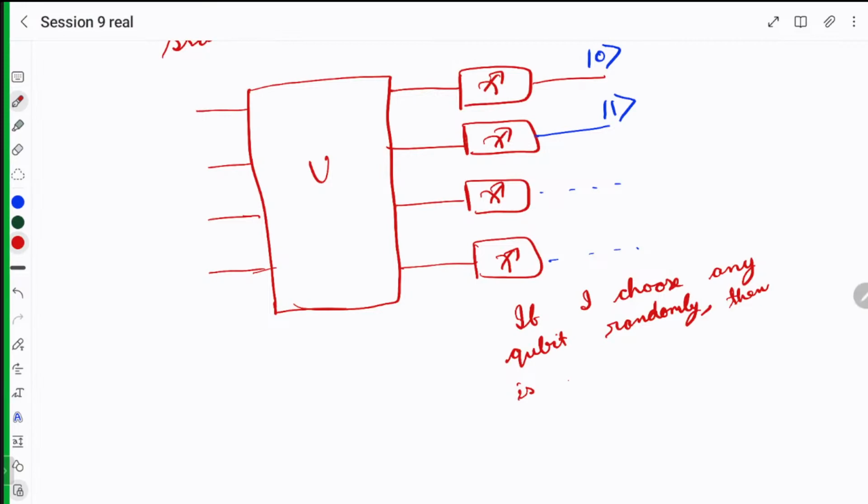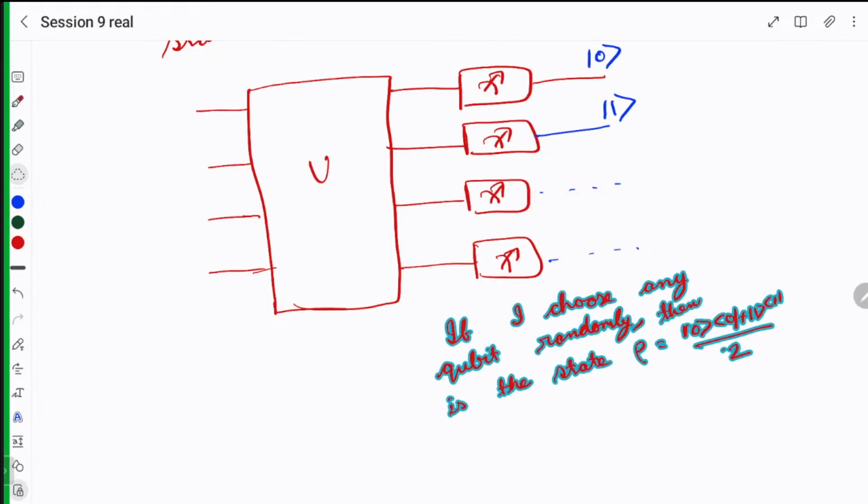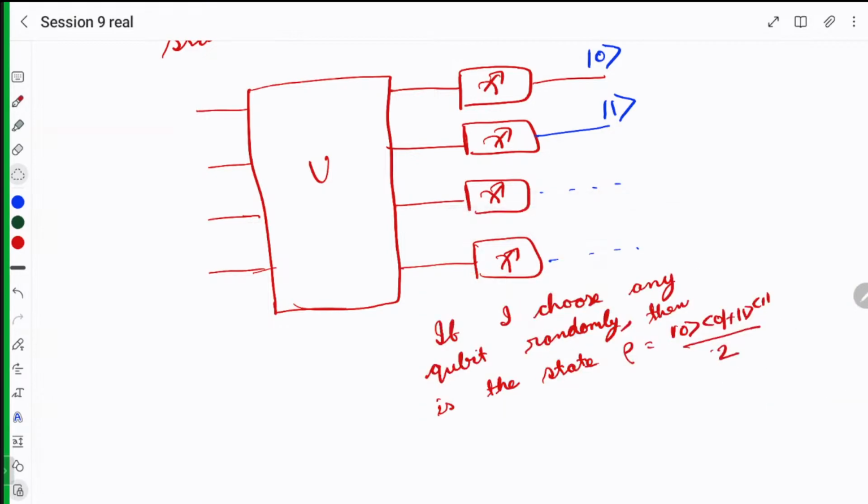Then is the state of the third qubit the state rho equal to this, 0 0 plus 1 1? Sorry, wait. I hope this is visible. Yeah. So this is the question. So what do you guys think?